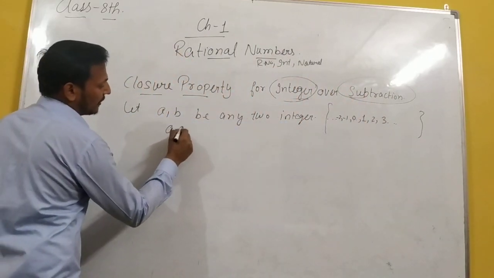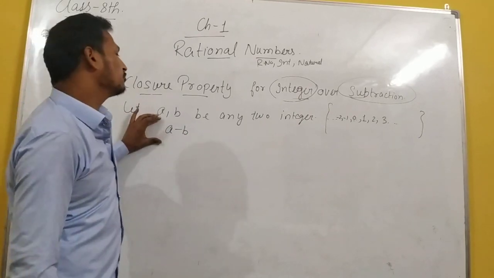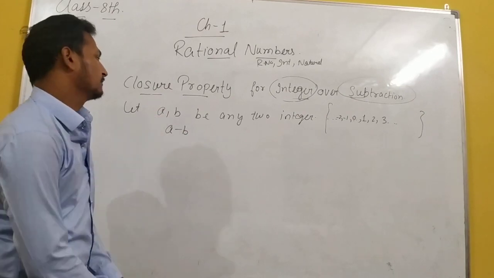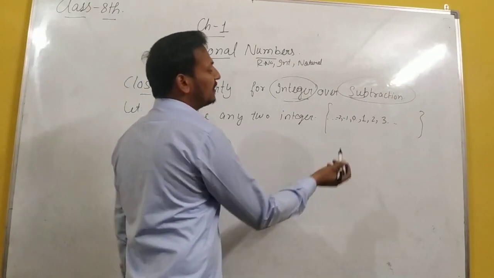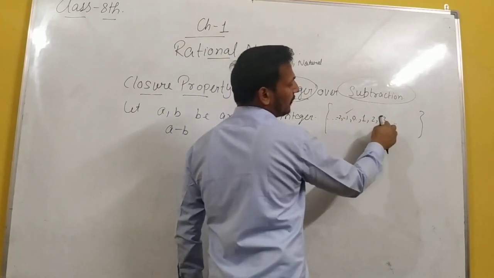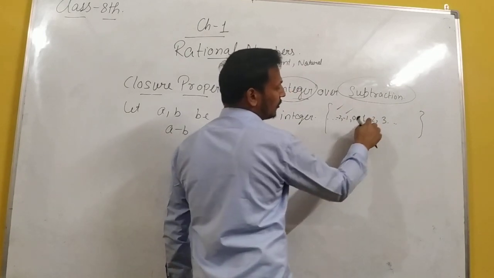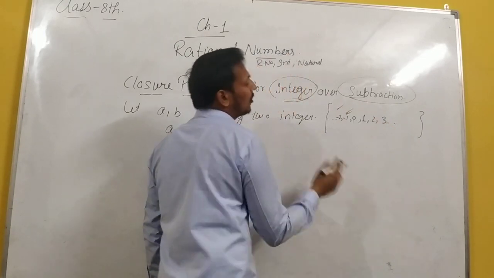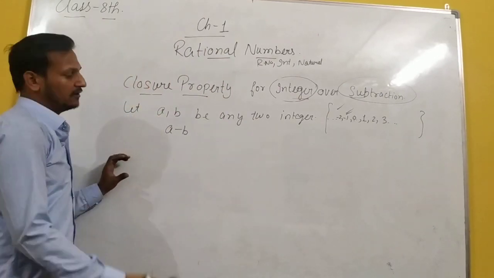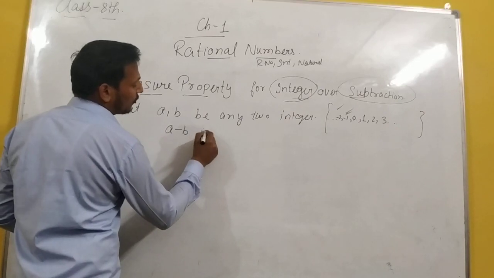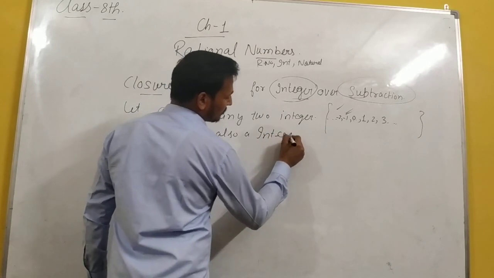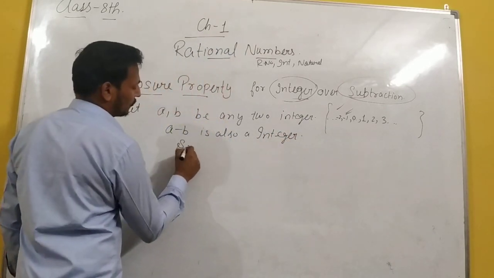So we do A minus B. Now we have to think: will A minus B be an integer or not? If I subtract any two integers, like 1 minus 2 is minus 1, 1 minus 3 is minus 2, 2 minus 3 is minus 1, or anything, the answer will be an integer. So A minus B is also an integer. So closure property holds.